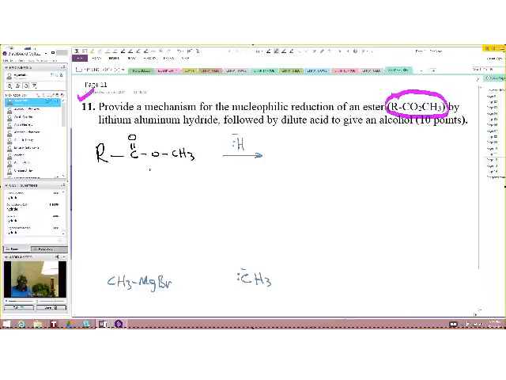So what happens here? You have a carbonyl. The hydride acts as a nucleophile and attacks this carbonyl, and in so doing, the pi electron goes to oxygen. The same thing will happen if this methyl anion reacts with the carbonyl to form an intermediate. So you form this intermediate.